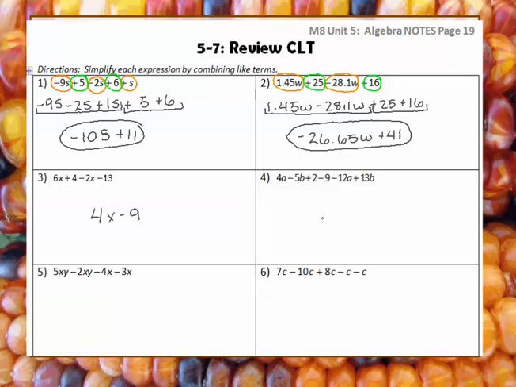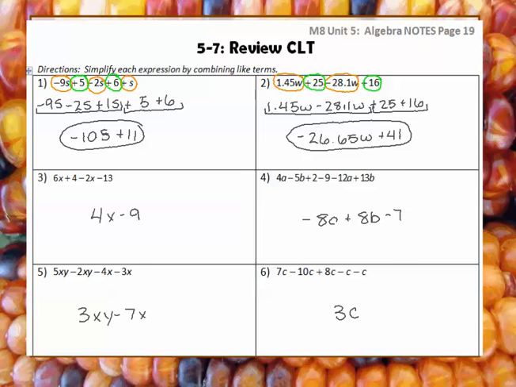Your correct answer for number 4 should be negative 8a plus 8b minus 7. When you do that one, you should have 3 colors because you have a's, b's, and constants. Number 5 should be 3xy minus 7x. Number 6 should be 3c's because there's only c's.